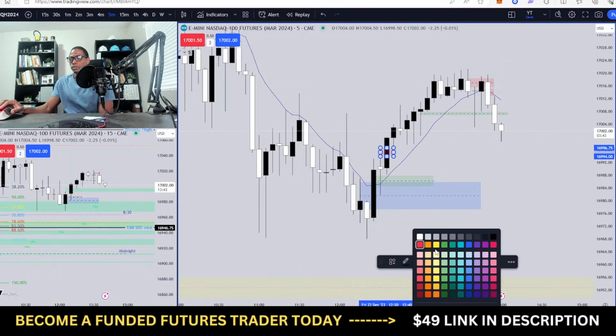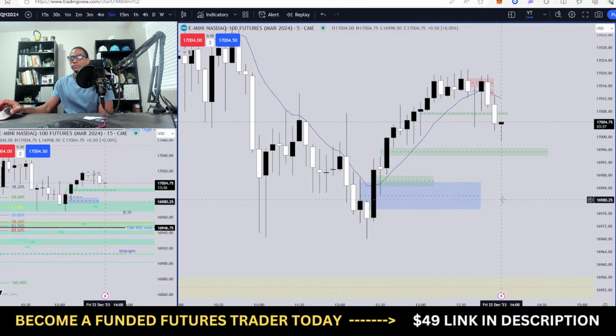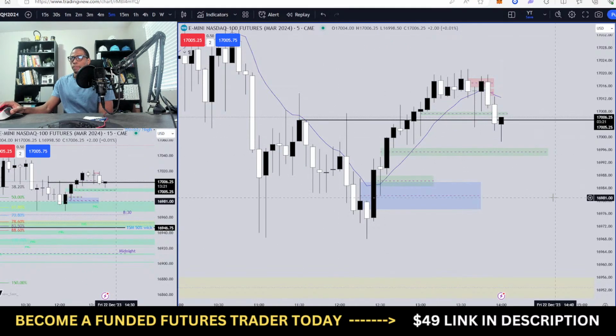Another gap here that may be traded to. Okay, so I put this here just to denote where the order block is.